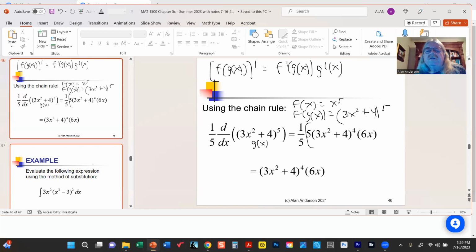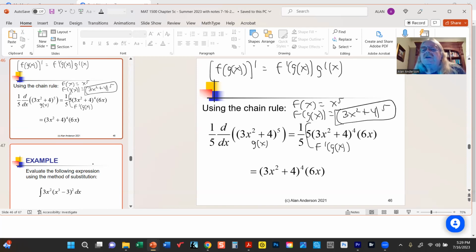So the derivative of (3x squared plus 4) to the 5th is 5 times (3x squared plus 4) to the 4th times 6x, because this is f prime of g of x. Okay, and you can see by the power rule, if this is our f of g of x, then the derivative of that is 5 times the value in parentheses to the 4th power.